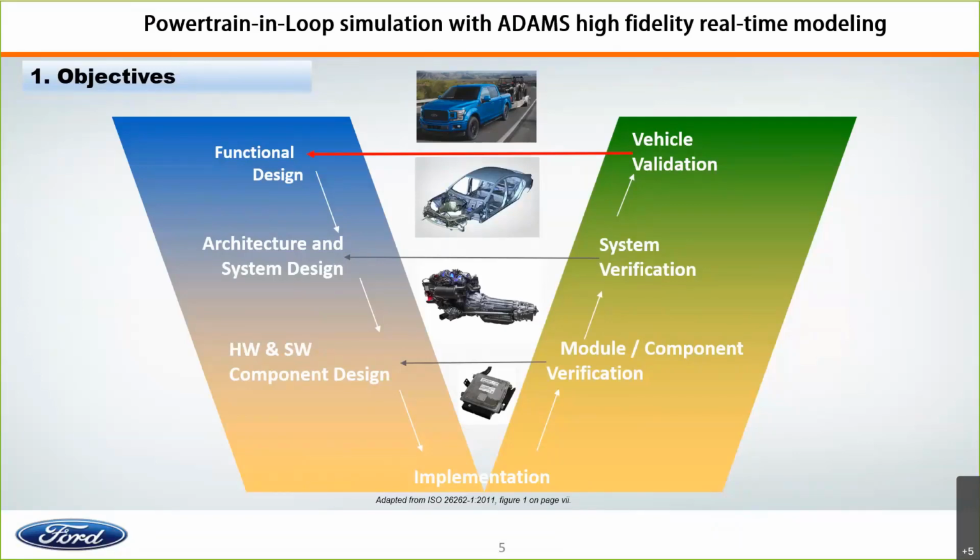We start from the functional design, architecture, system design, and hardware component design, and once we finish the design, we implement it into validation and verification: component verification, system verification, or vehicle validation. This is for the whole vehicle.